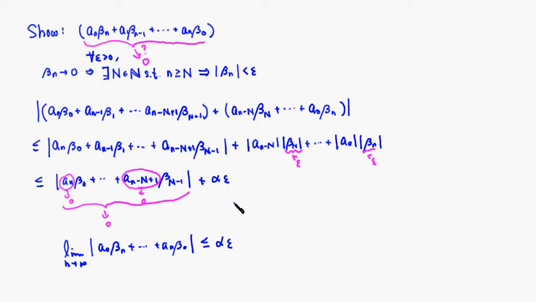But since epsilon is any positive number, this has to go to 0. Therefore a0 beta n plus all the way to an beta 0 approaches 0 as n approaches infinity. This will show that the previous one is going to go to 0.